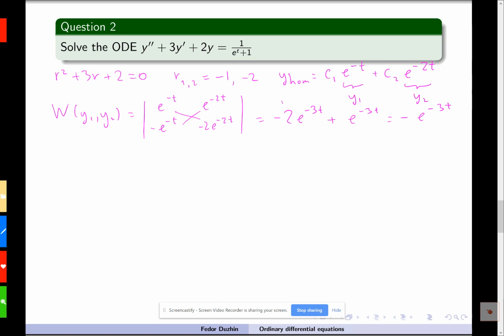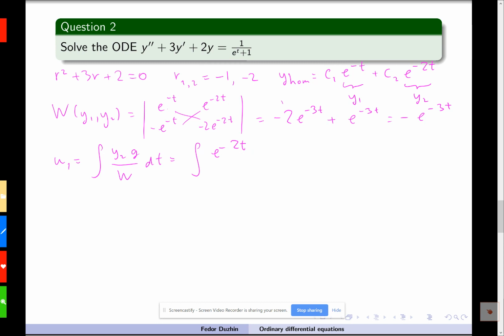Okay, so now we're going to look for a particular solution in the form u1 times y1 plus u2 times y2, where u1 is the integral of y2 g over the Wronskian, which is the integral of e to the minus 2t times g.